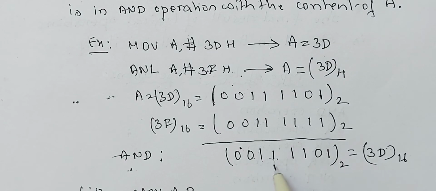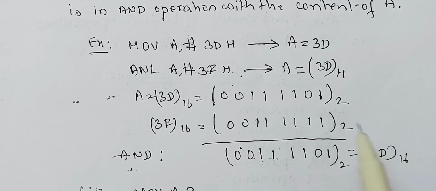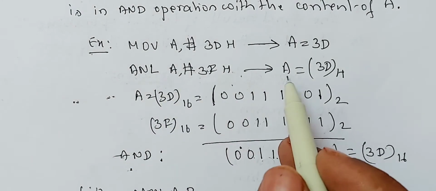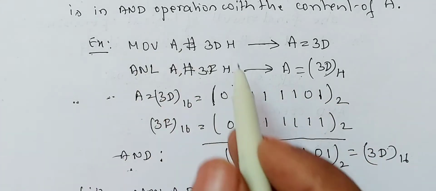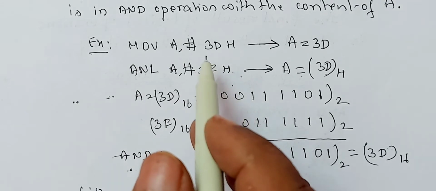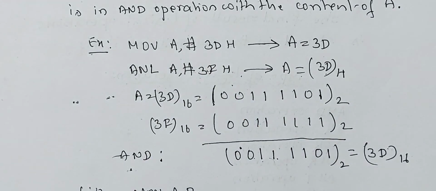Therefore, 0, 0, 1, 1, 1, 1, 0, 1, which is 3D. It is the answer. Now, this answer 3D is stored where? In the accumulator A only. Therefore, now A is equal to 3DH. This is AND logic performed by immediate addressing mode.